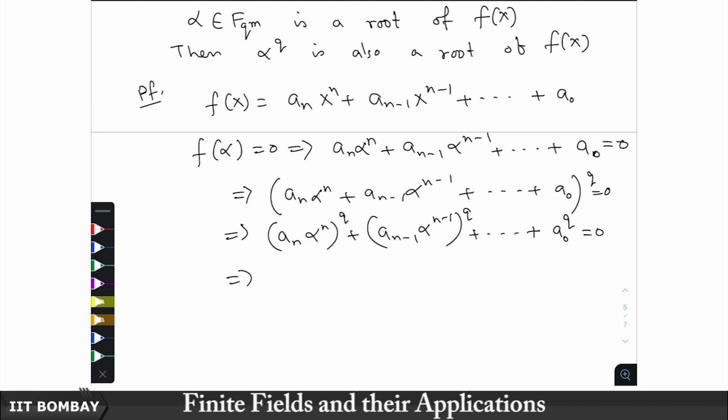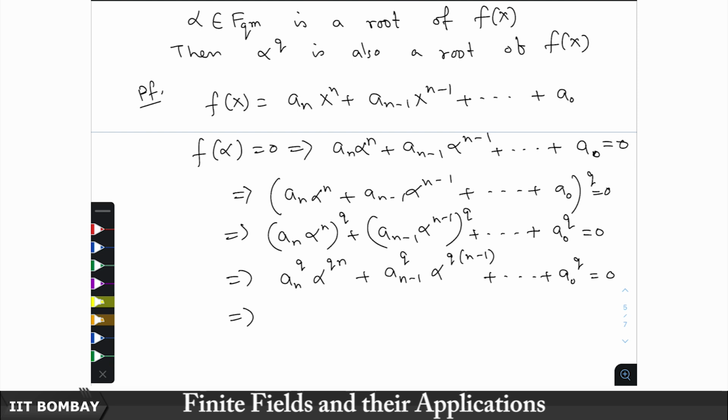Now, (a_n alpha^n)^q is the same as a_n^q alpha^{nq}, so a_n^q alpha^{qn} + a_{n-1}^q alpha^{q(n-1)} + ... + a_0^q = 0.